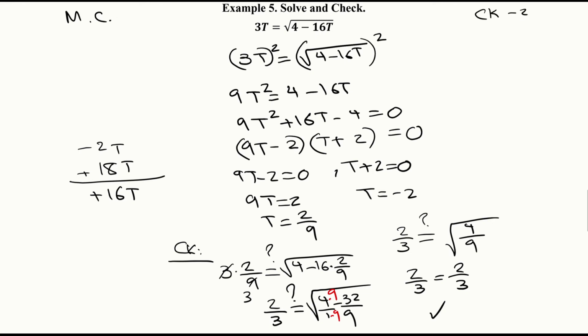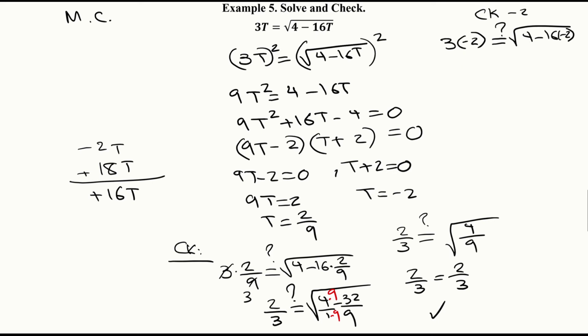Now we'll go ahead and check negative 2. And so we have 3 times negative 2. We want to know if that equals the square root of 4 minus 16 times negative 2. And we really don't need to go much further because this is a negative number, and the square root of a real number, no matter what it is, is never going to be a negative number. So literally we can stop here.